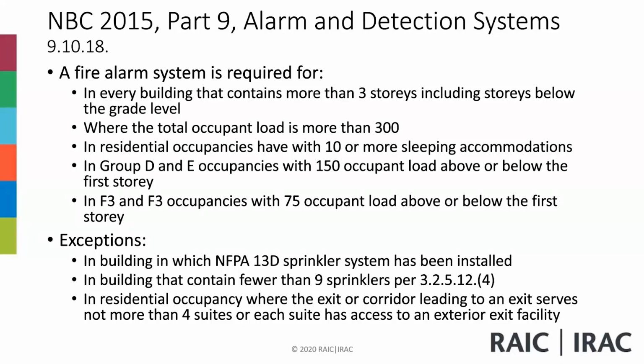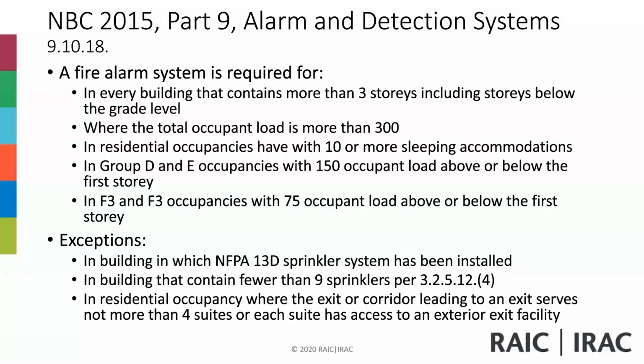Okay. In Group D, E occupancies with 150 occupants located above or below the first story. So you ignore the first story and you look at the number of occupants above or below and see if it is more than 150. So if you have 100 above and 50 below, it doesn't count.